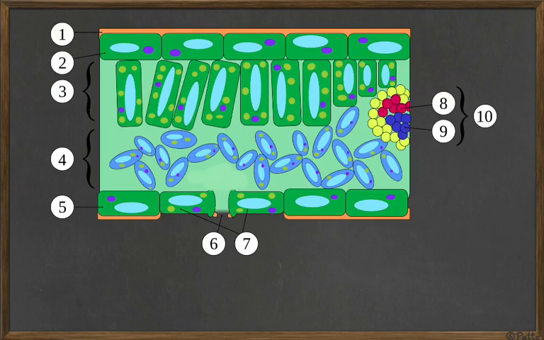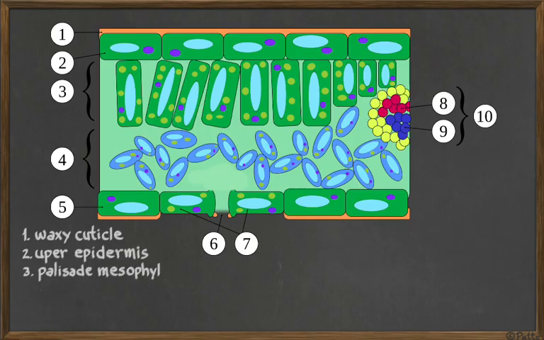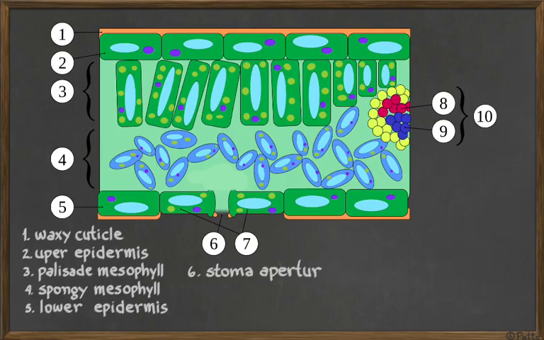Okay, just to put it together in a diagram that is a little bit clearer to see: we have one, the waxy cuticle; two, the upper epidermis; three, the palisade mesophyll; four, the spongy mesophyll, much more loose; five, the lower epidermis; six is the stoma aperture.